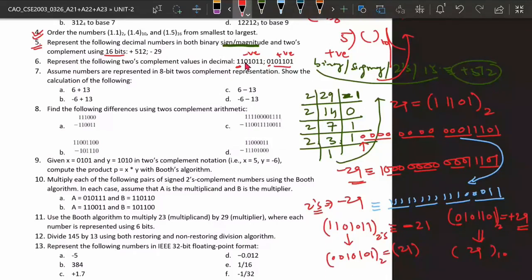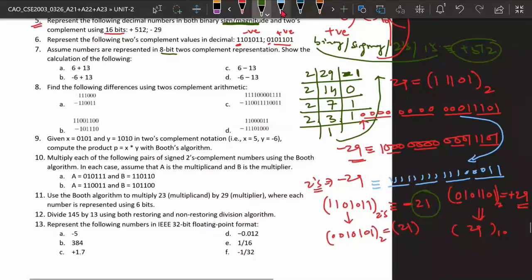The next is: assume numbers are represented in 8-bit 2's complement representation. Calculate the following. So here we need to perform 6 plus 30. We need to convert these numbers into the 8-bit 2's complement representation. First of all, 6.